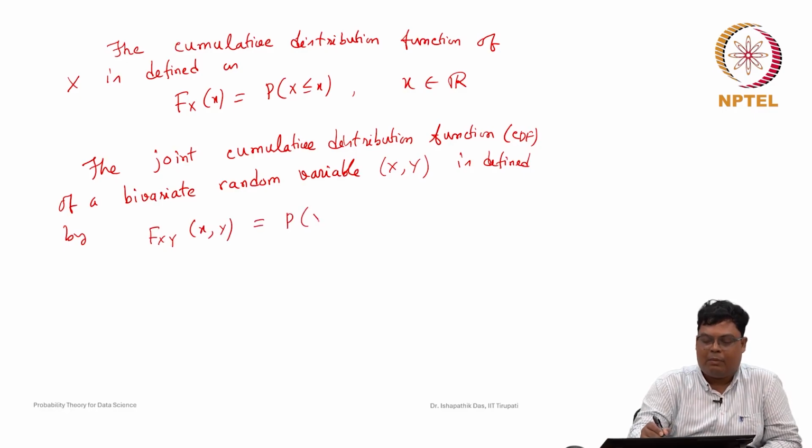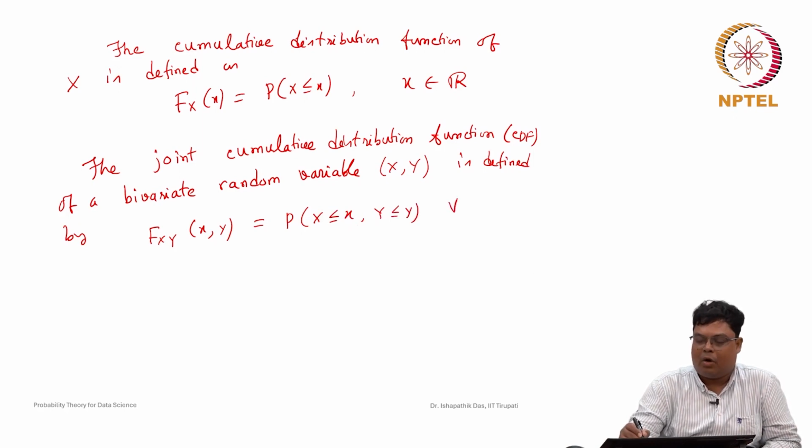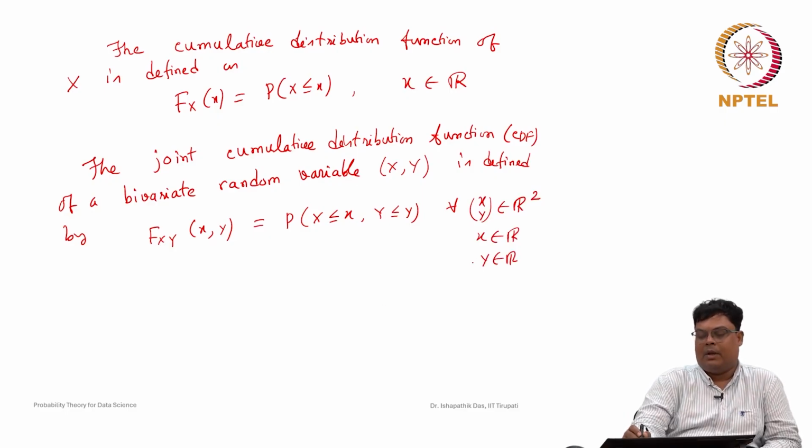This is nothing but the probability that X is less than or equal to x, comma, Y is less than or equal to y. What is the comma? We have already discussed. This holds for all (x, y) in R2, that is, x belongs to R and y belongs to R, an ordered pair in R2.